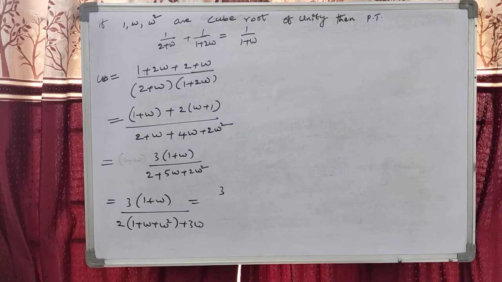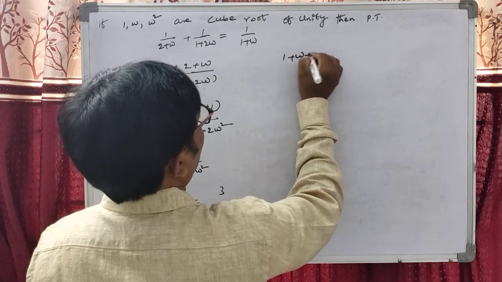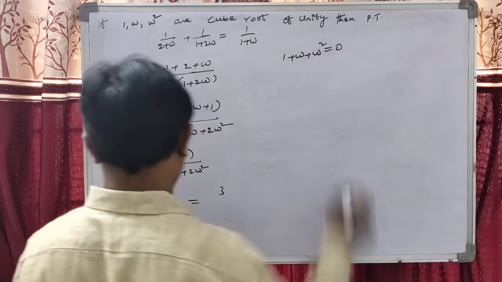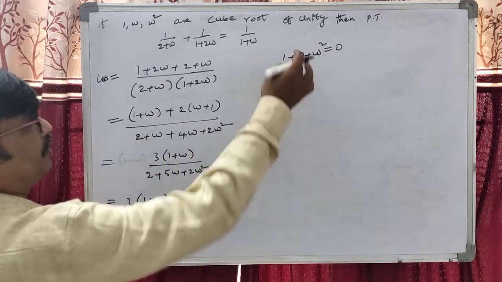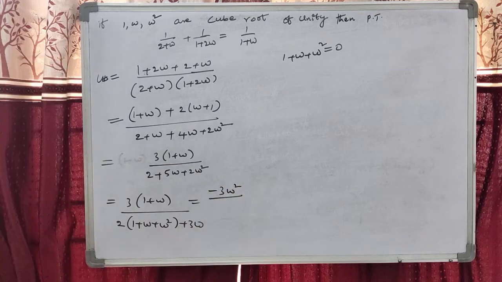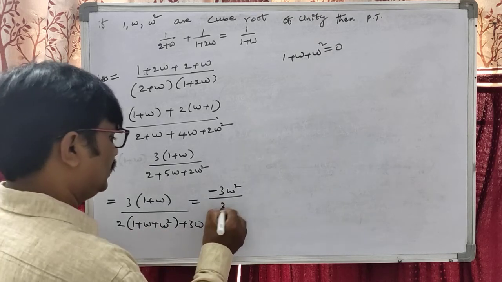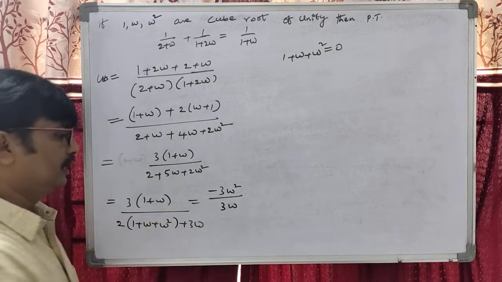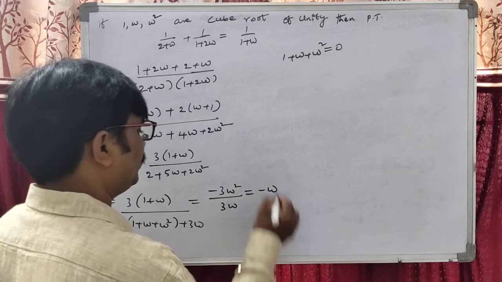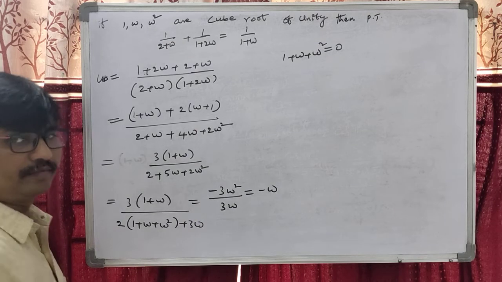We know that 1 plus omega plus omega square is 0, so 1 plus omega is minus of omega square. Minus of omega square, and 2 into 0 is 0. 3 omega. Now we got minus of omega: 3 cancels, omega one time cancels.